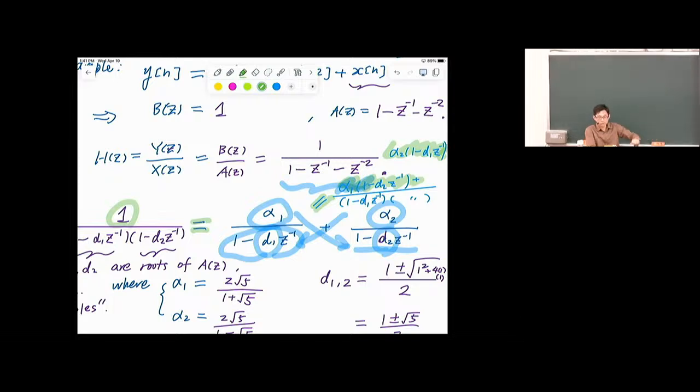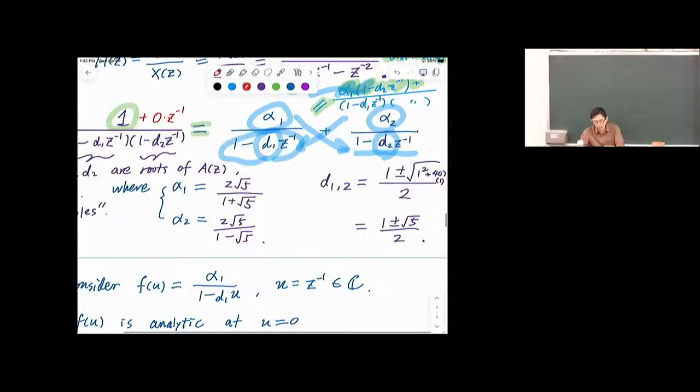So d1 and d2 are known, and alpha 1 and alpha 2 are unknowns. When we force them to be equal, you can find out alpha 1 and alpha 2, because here 1 really is 1 plus 0 times z inverse. So by comparing the coefficients, we can find out alpha 1 and alpha 2. Is that clear? 比较系数, comparing the coefficients.